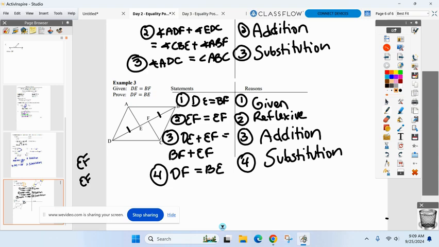Why'd you change BF plus EF to BE? Because if you take BF and EF up here, and I add those two together, I get another line segment, a bigger one called BE.